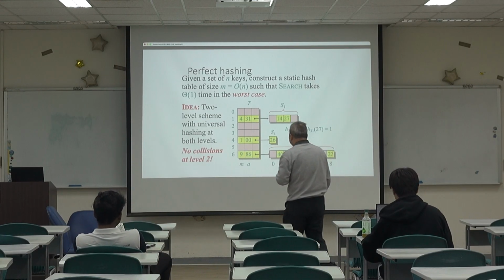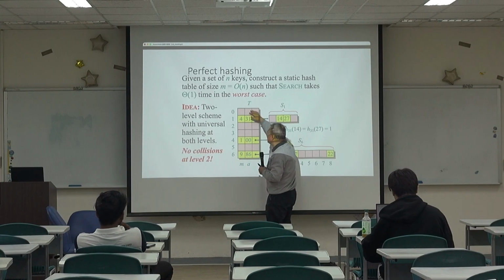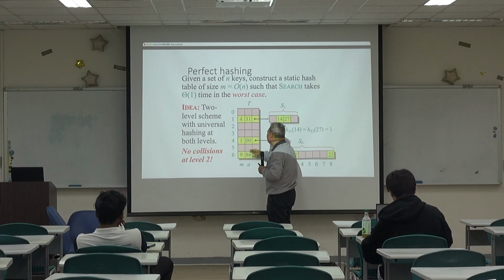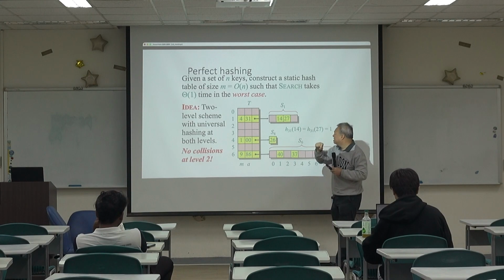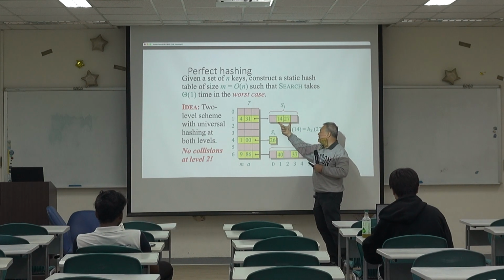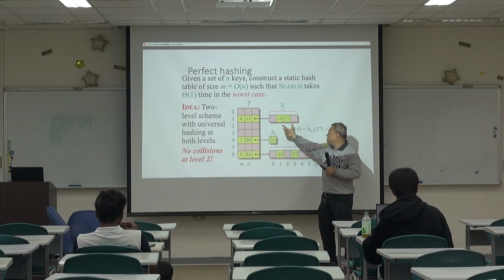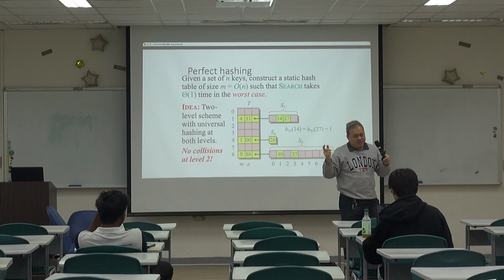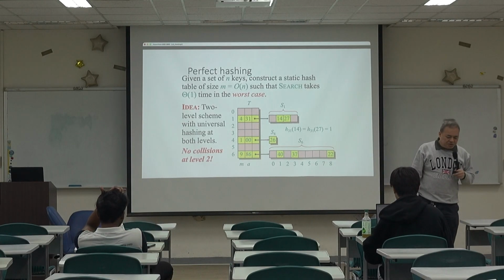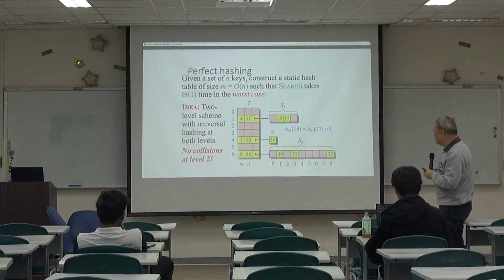The first level is size n. At the second level, depending on how many collisions we have, if an Si has a size S, then we just make the second level table S squared in size. And then again use the universal hash function to make sure there's no collision.